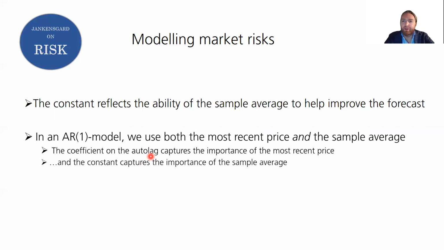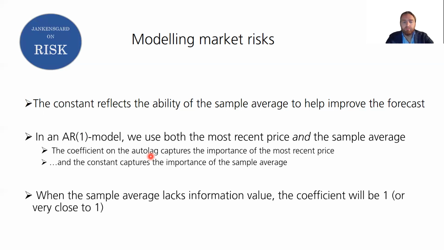Whereas the sample average, to the extent that it helps improve the forecasting, will get more weight in this estimation. So as we're finding, when the average lacks information, basically the coefficient will be 1 or very close to 1, which is our case basically.